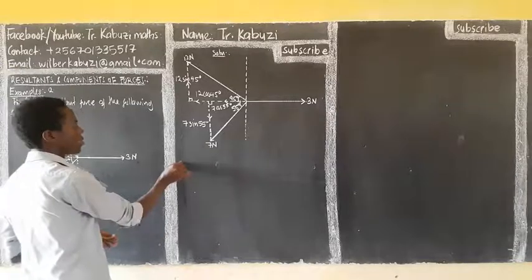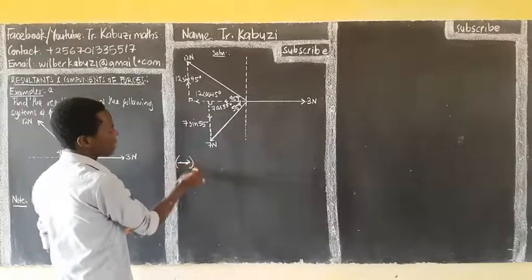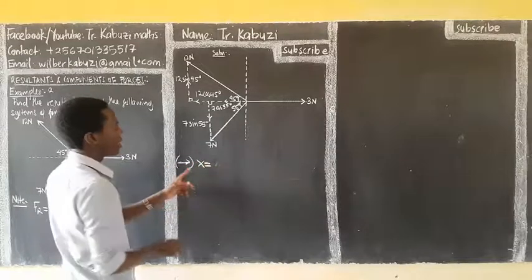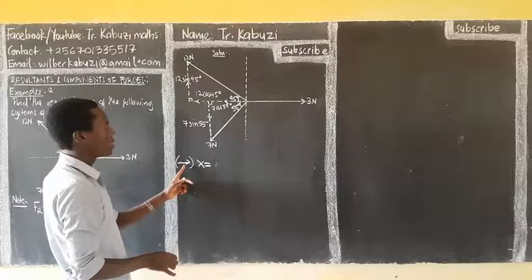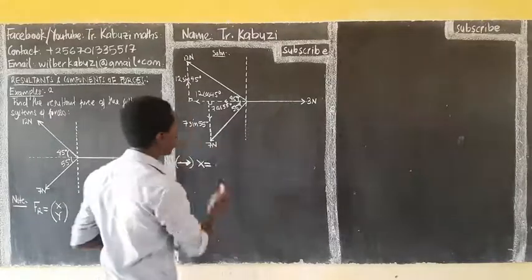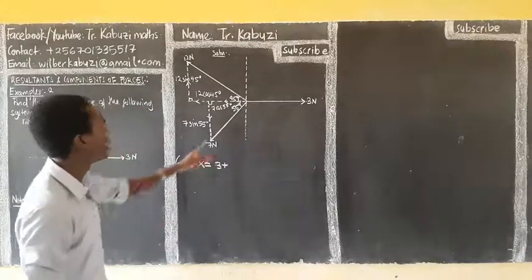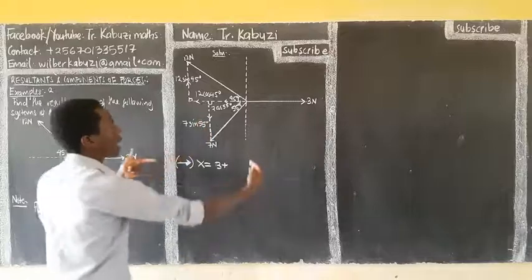So now we get their total. I'm going to resolve first horizontally. My x, I first start with the forces that are not opposing. The force in that direction is this 3, then plus, the rest are opposing. These ones are going this way, so they are going to be opposite.